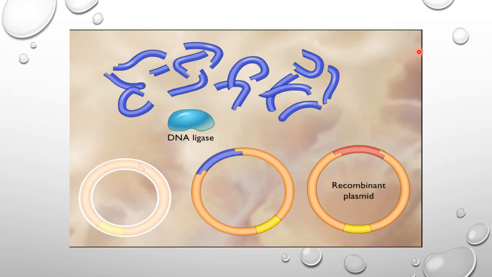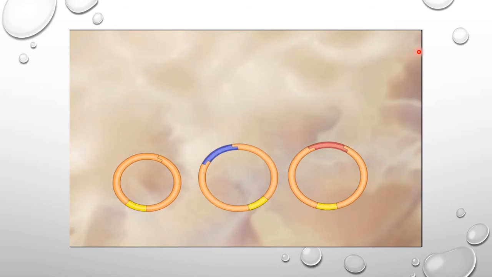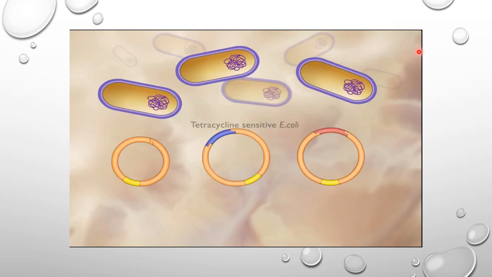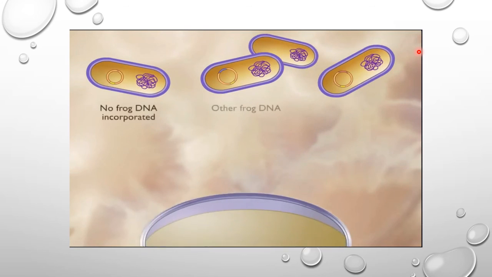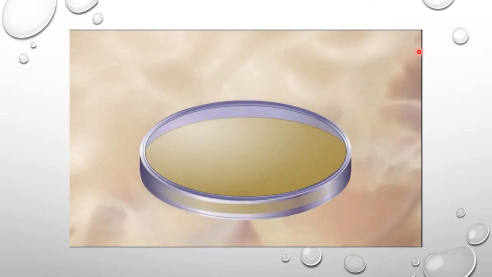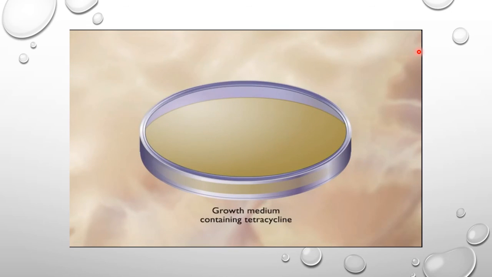The plasmids were then transferred into a tetracycline-sensitive strain of Escherichia coli and plated onto a growth medium containing tetracycline. The cells that incorporated the plasmid carrying the tetracycline gene grow and form a colony of cells. Some of these colonies consist of cells that carry the frog ribosomal RNA gene. The researchers then tested the colonies that formed after growth for the presence of frog ribosomal RNA.